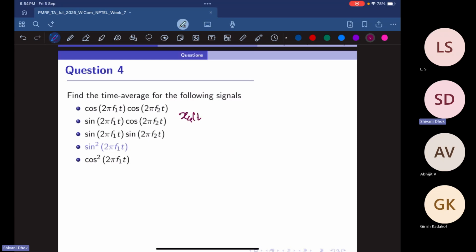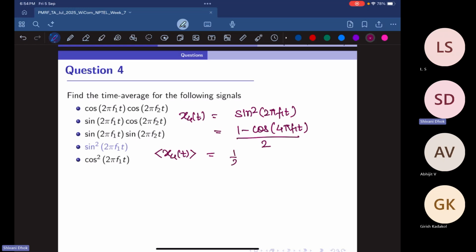So I have x4 of t as sine square 2 pi f1 t, which I can write as 1 minus cos of 4 pi f1 t divided by 2. So the time average of x4 of t is equal to half minus half times the time average of cos of 4 pi f1 t.